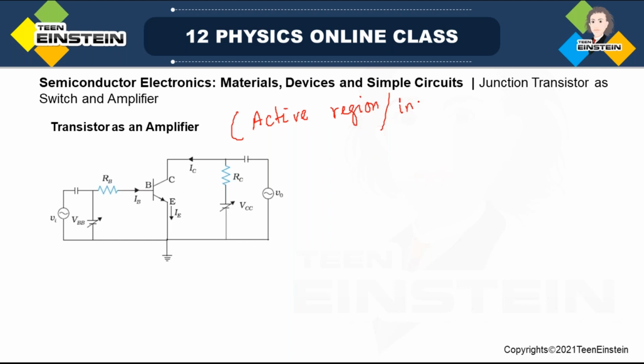Input junction forward bias, I'm writing FB for forward bias, and output junction, the output is the CE junction, right? Now the output has to be RB, that is reverse bias. This is the condition for the active region. And you have to use the transistor in the active region while you are trying to use it as an amplifier.